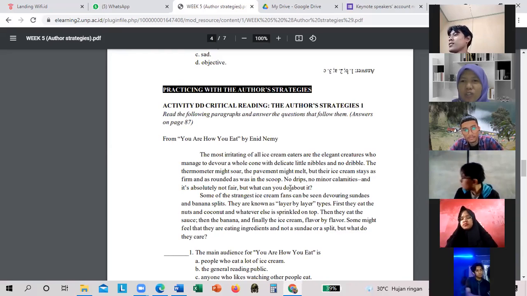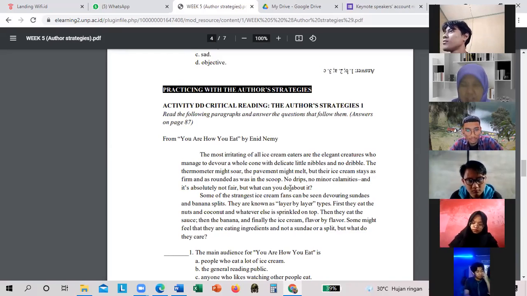So they try to eat it layer by layer, yeah. So eating ice cream, it's not by eating layer by layer. It's a kind of one scoop eating, right? Or one scoop shot of eating ice cream.